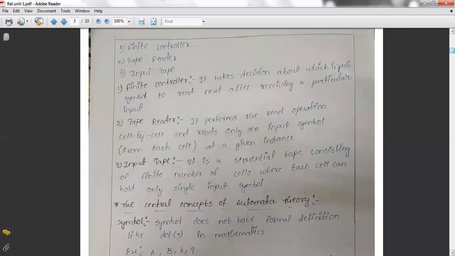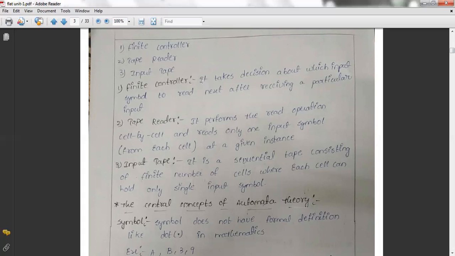So, in this finite controller, what is a finite controller? It takes the decision making about the input symbol to read and what the next symbol you are going to receive for a particular input. That will be controlled by the finite controller. What is the tape reader here?